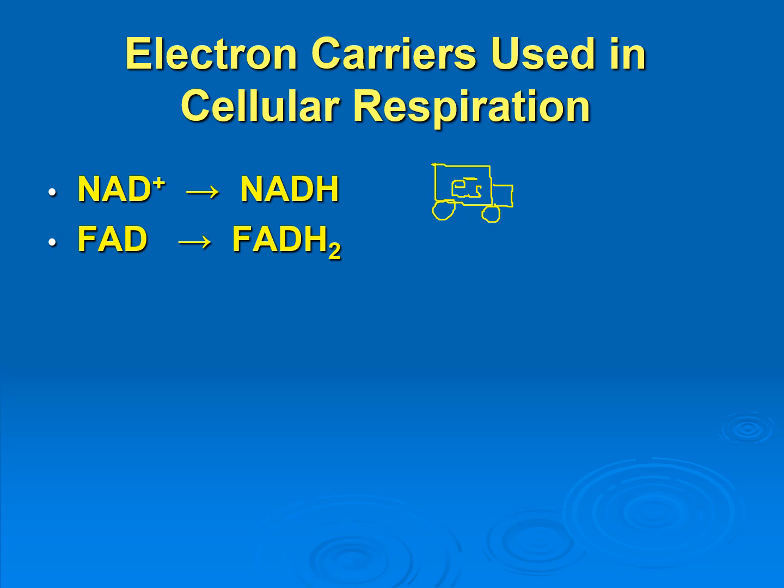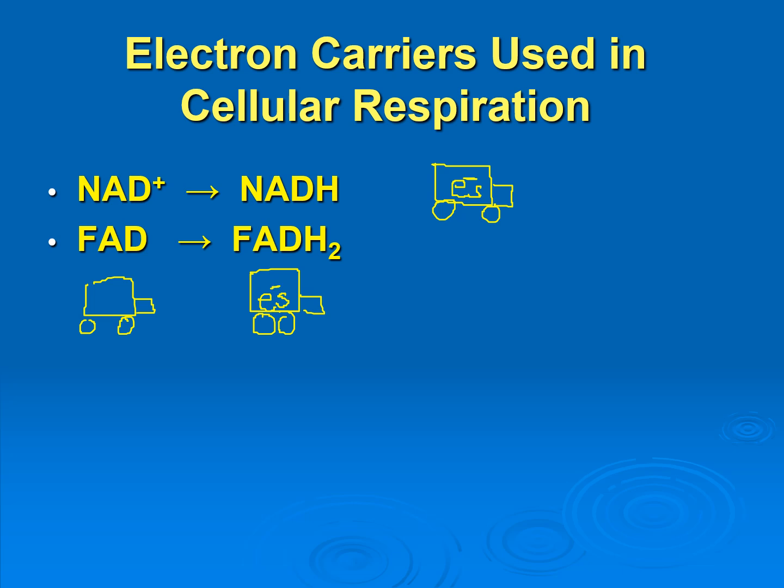And it's the same thing with FAD. So FAD would be the empty dump truck, not carrying any electrons. And then when it picks up the electrons as you're breaking apart your food, then it becomes FADH2.